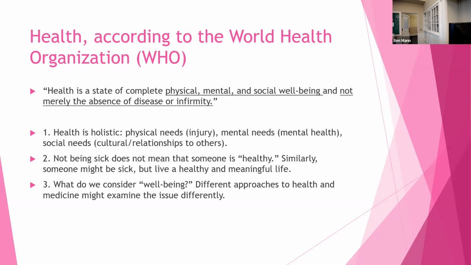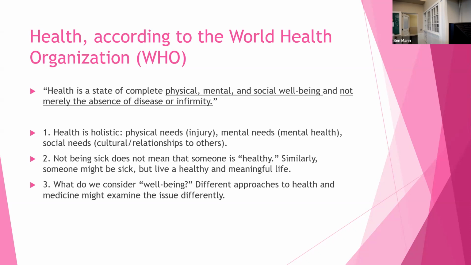So when we break that down, that means, as you all brought up, that health is holistic. When we're talking about health and science in this class, we're not just talking about physical injury or needs, right? We're also talking about mental needs and support, especially in the context of things like COVID-19, disparities in healthcare, the ways in which things such as race and gender impact healthcare, and then also social needs, right?